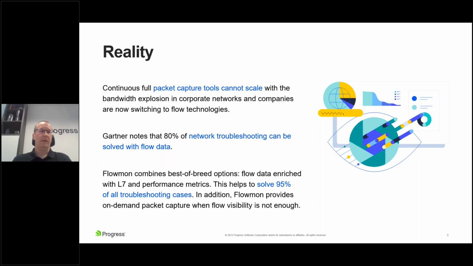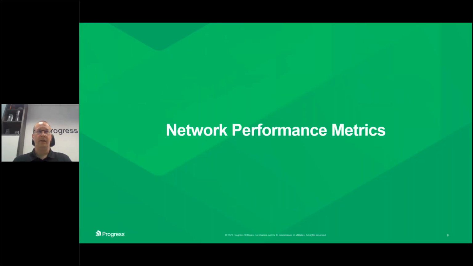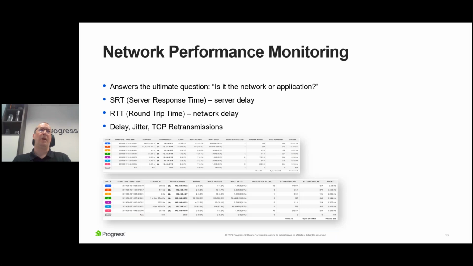So let's move on to understanding what network performance metrics are. The ultimate question that you are trying to answer when it comes to troubleshooting cases is: is it the network or is it the application? So basically, you are trying to distinguish between a network-related issue and an application or server-related issue.